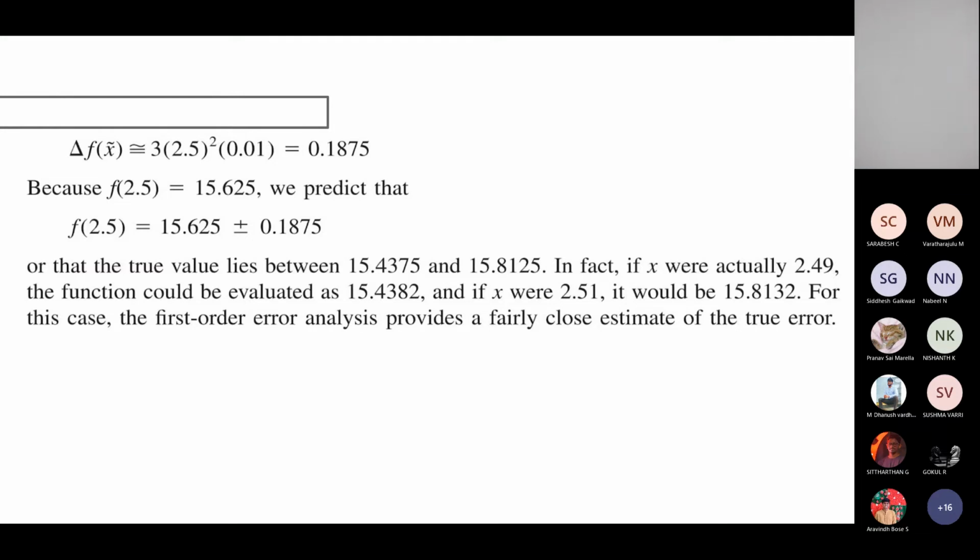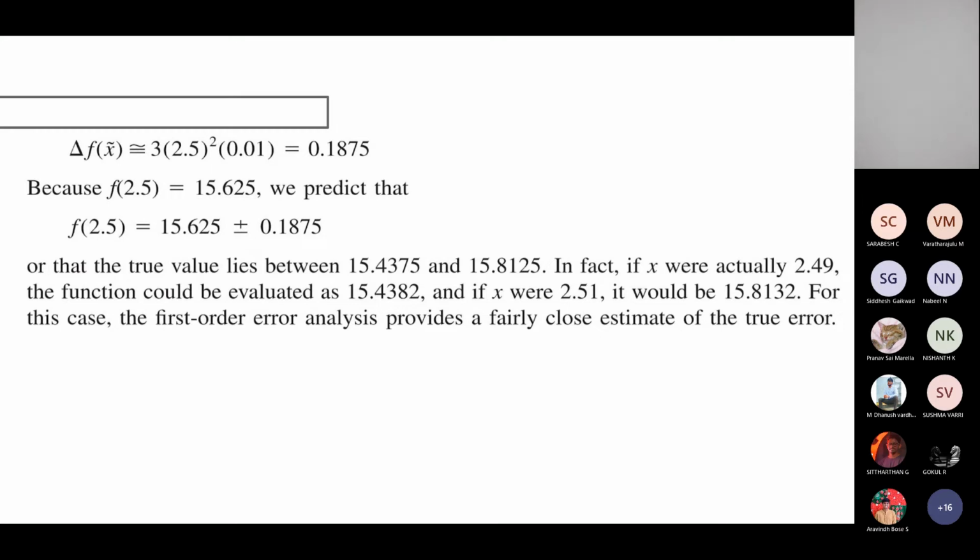Here, by using the formula, delta f of x bar equals 3 into 2.5 whole square into 0.01.